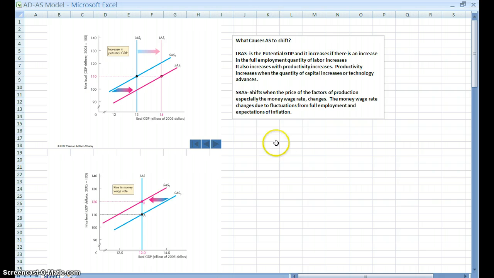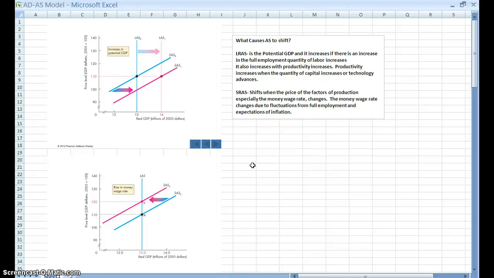And the other one is the fluctuations from full employment. There are times when we actually can get above full employment, and that would cause the wage rate to increase.